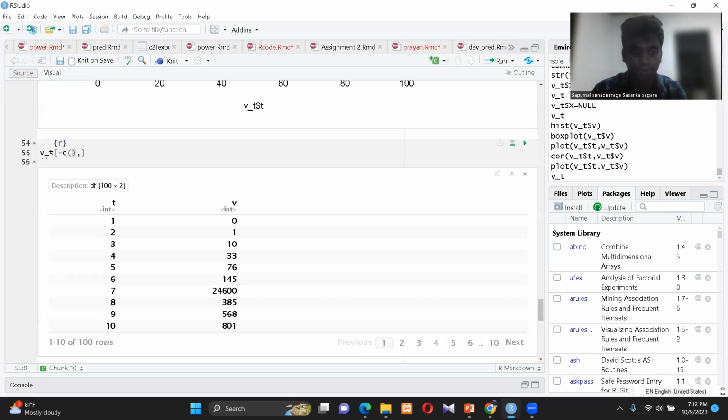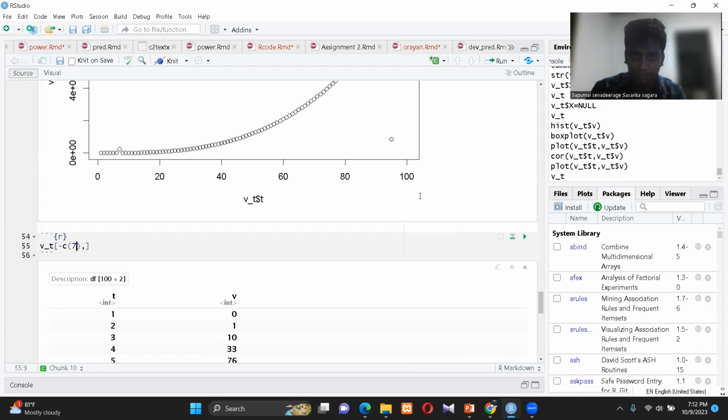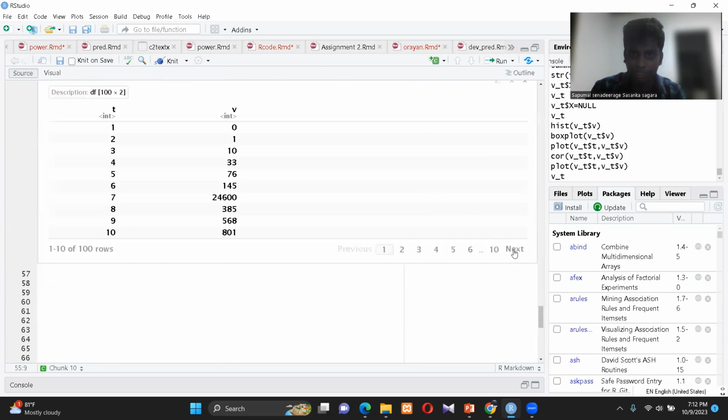and if you want to omit a couple of rows, what you can do is, seventh row, and what is the other row? It should be identified. It's pretty close to 100, and even larger than 90. Actually, we have only 100 observations, so it's not too hard to find it manually like this.